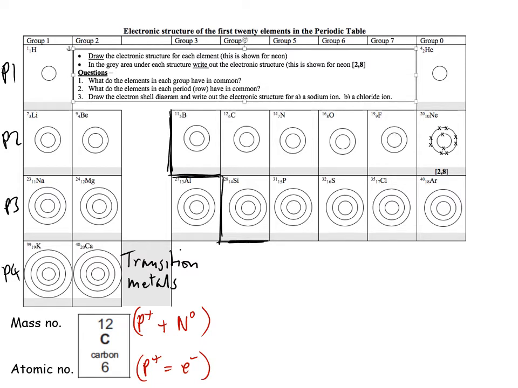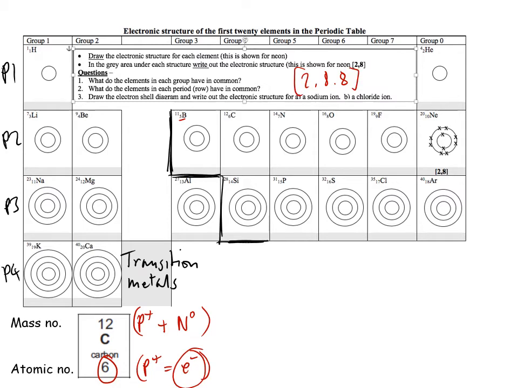So drawing the electron configuration now, let's do one for boron here. We're looking at the bottom number, the atomic number, because that tells us the number of electrons, and when we're drawing out the electronic configuration, that's what we need to be aware of. So boron has 5 electrons because the atomic number is 5. We're going to be using the 2, 8, 8 rule.